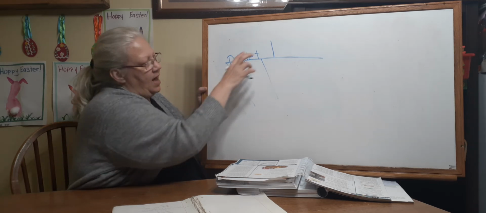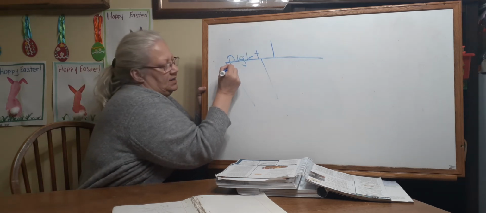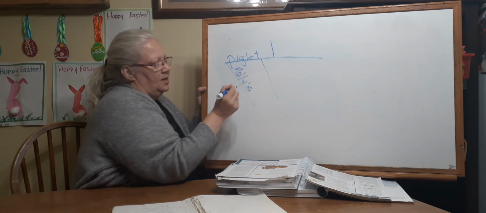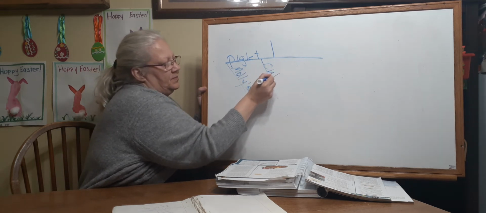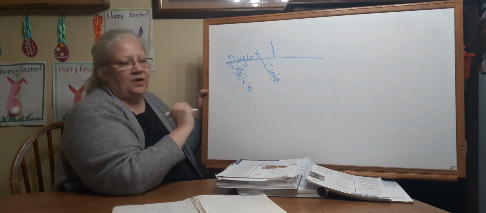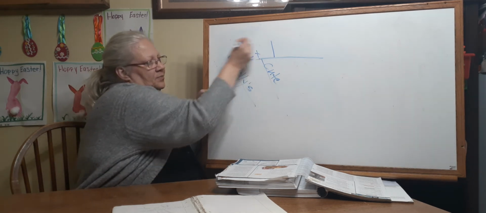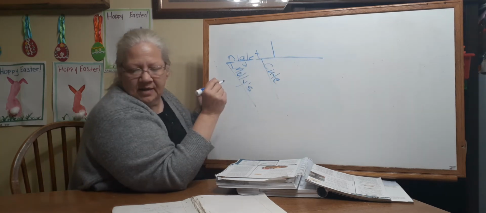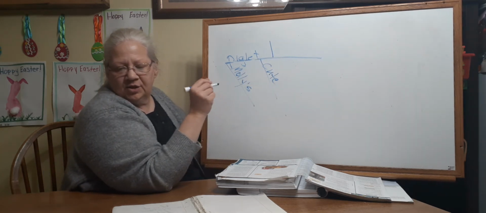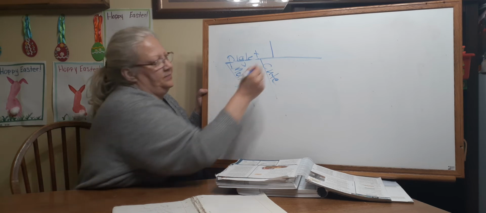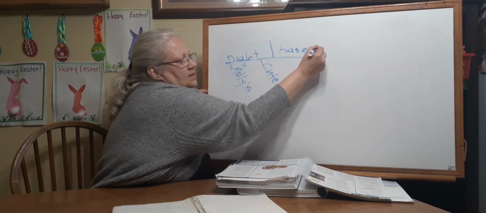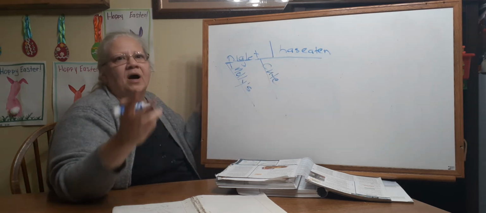The possessive adjective is Molly's. Cute is another adjective describing piglet. And then my sentence, Molly's cute piglet has eaten. Has eaten is my predicate or my verb.